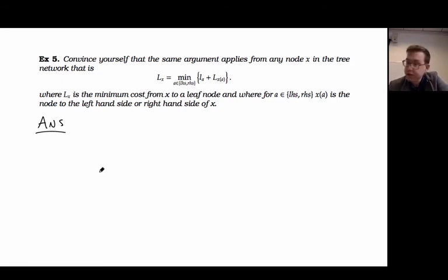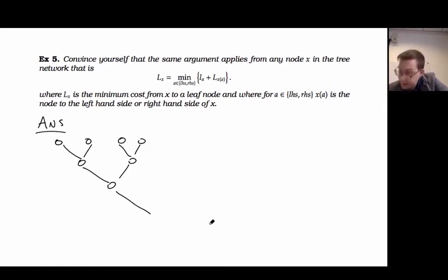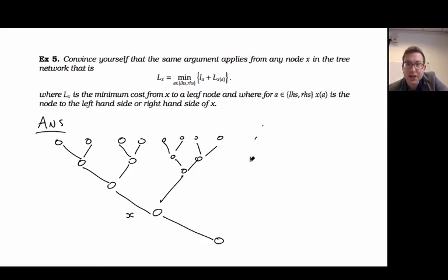Let's say I drew some big tree. I'm really bad at drawing. Let's say that's node X, and it's not the root, so there's other stuff going on over here. Just imagine this is one part of a massive tree, so there's more branches and all the rest of it over here.